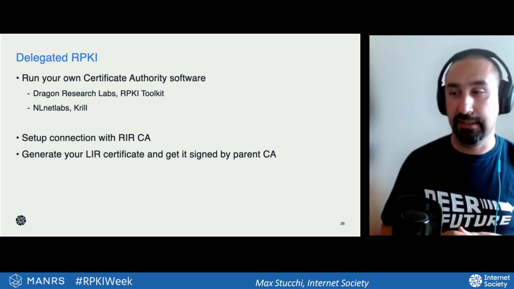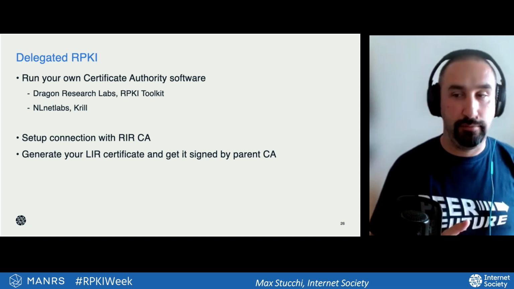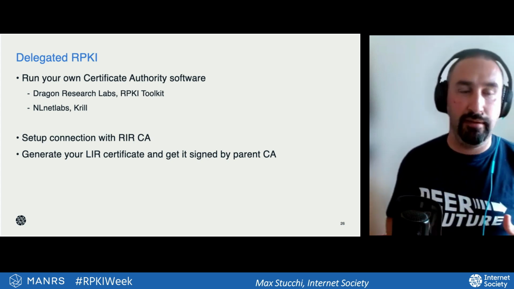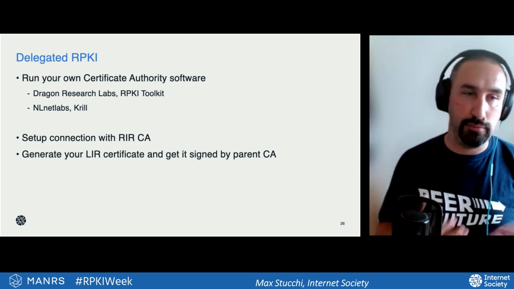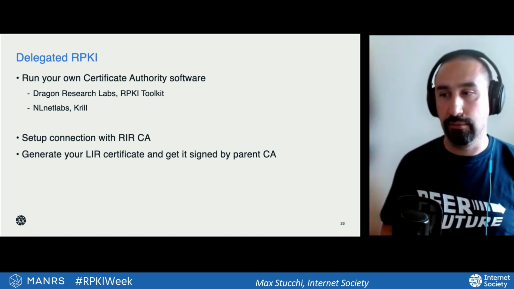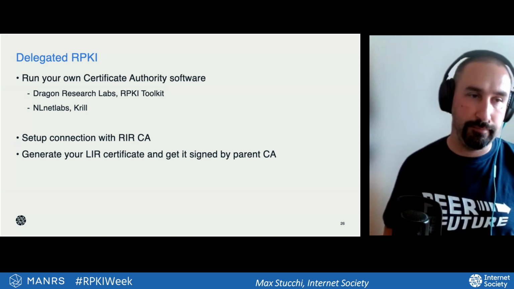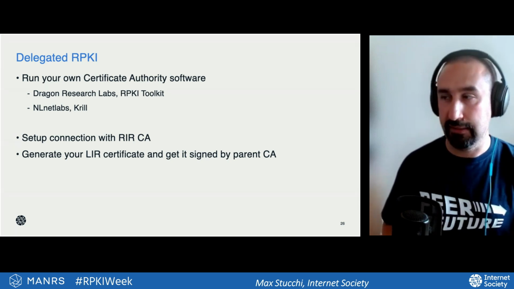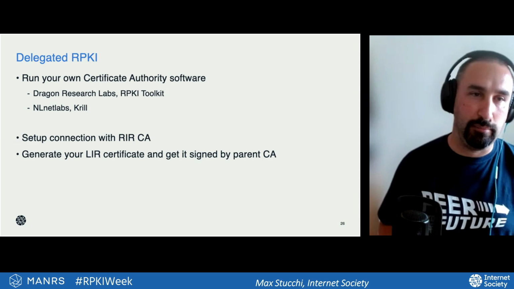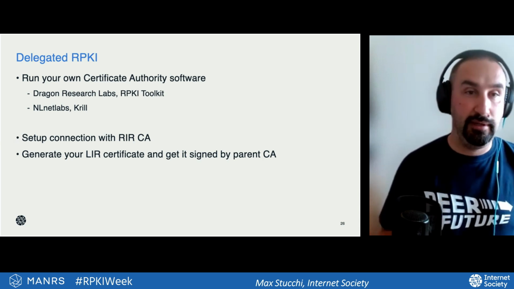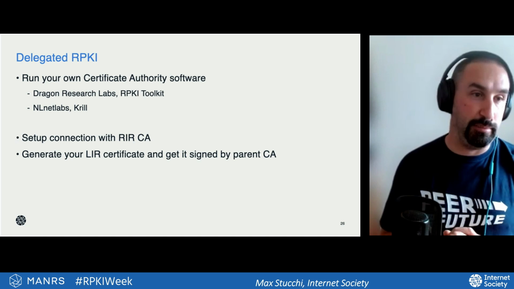Then there's another issue. You have to publish these objects. So there are different solutions. One is to run your own rsync server, run your own RRDP software. RRDP basically is a protocol that uses HTTPS as a base and distributes ROAs using HTTPS.